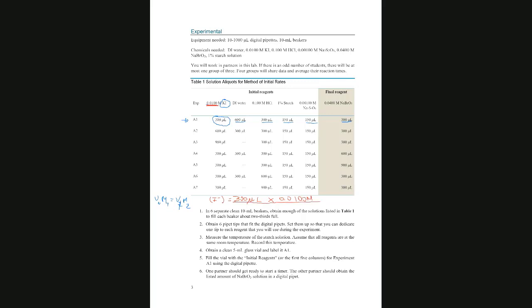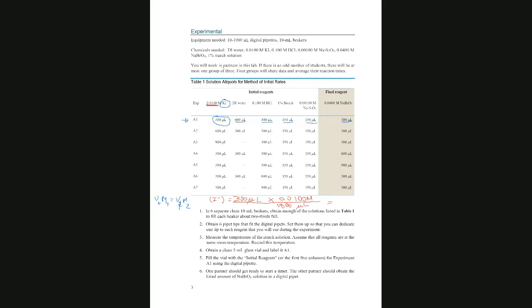The final volume. What is the final volume? It is when you add the whole thing, 300 plus 600 plus 300 plus 150, the total volume is 1800 microliters. And that's how you calculate the initial concentration of iodine in A1.